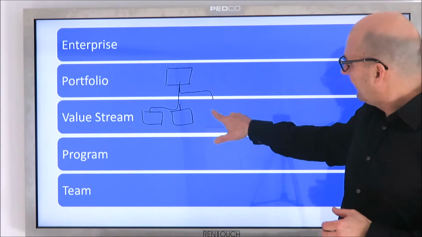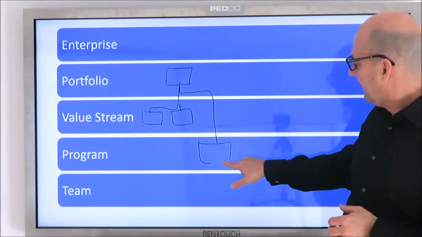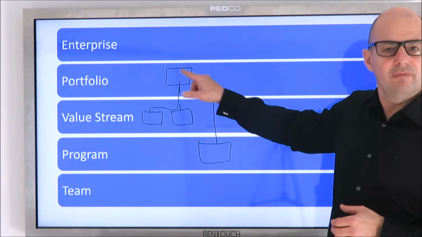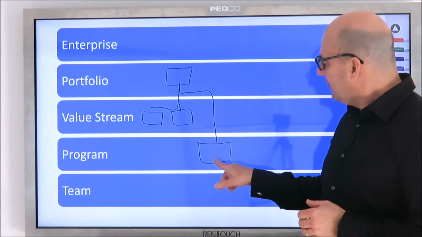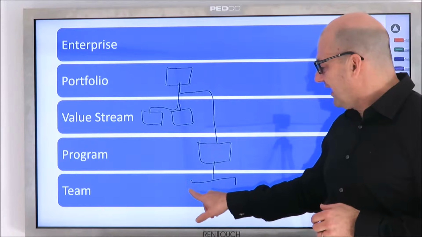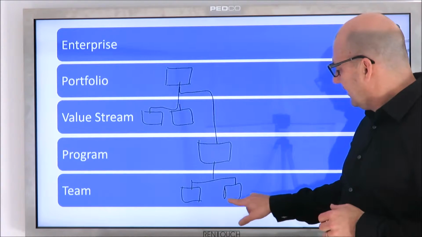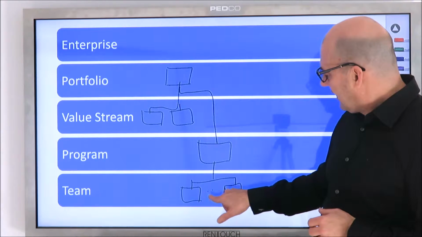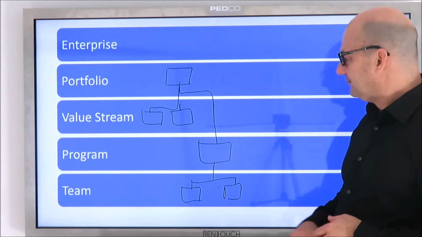So we would have directly one instance of program directly bound to this portfolio. And of course, each program contains several teams which are actually doing the real work: programming, testing, and dealing with acceptance stories on the team level.